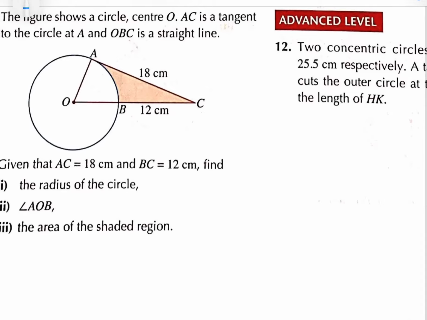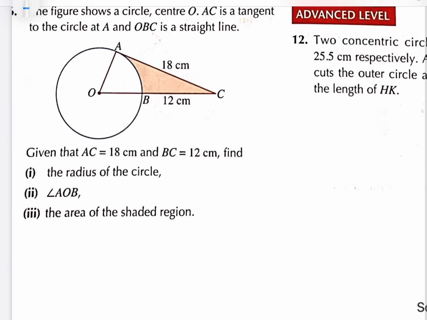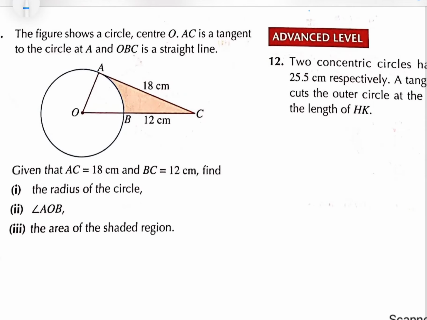Okay, let's do this. So we let R be the radius. OA is a radius and AC is a tangent, thus creating a 90-degree angle here. A radius and a tangent are perpendicular lines. They always create a 90-degree angle.